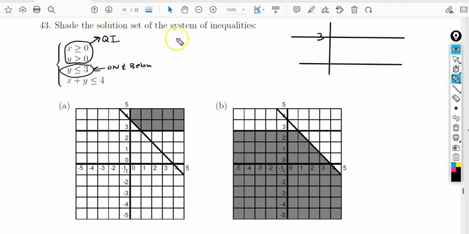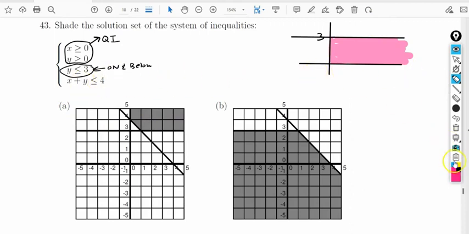But we want to be restricted to quadrant 1. So I might do that in red. So on and below. So it cannot be A because the shaded region you're seeing there is part of the on and above. So it can't be A.